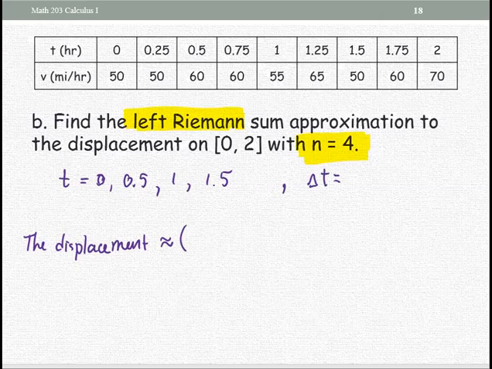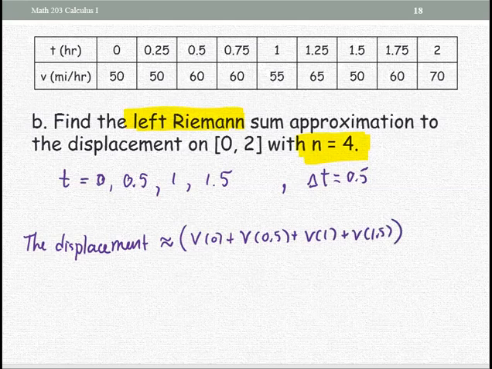From n equals 4, the delta t is 0.5. So we're going to pick the value from the table: the v at 0, plus the v at 0.5, plus the v at 1, plus the v at 1.5 for the left Riemann sum, and then multiply by the delta t.